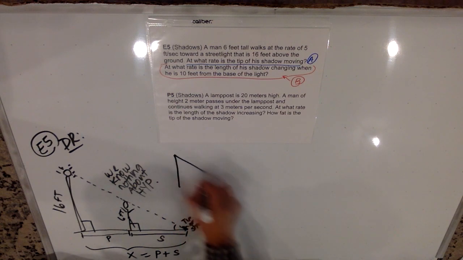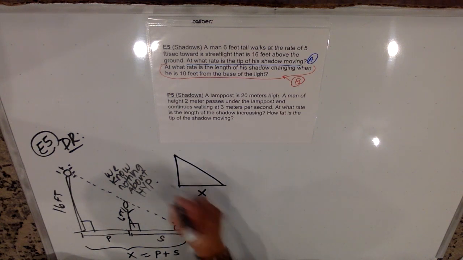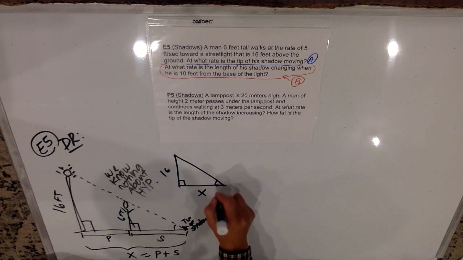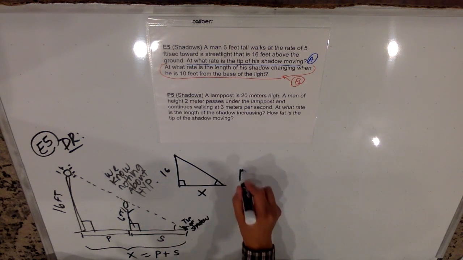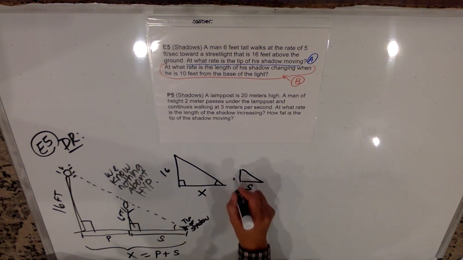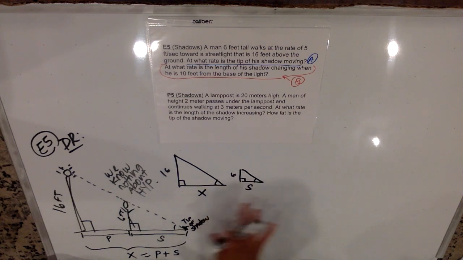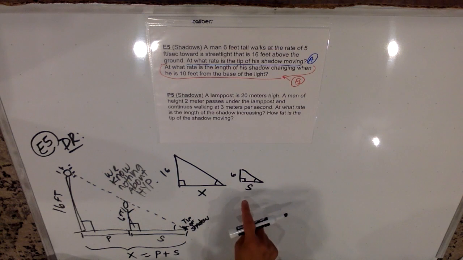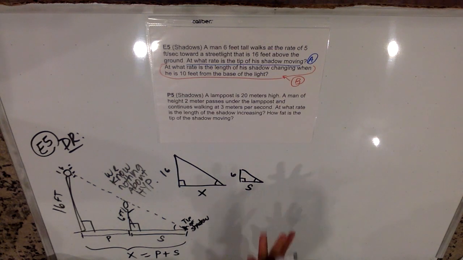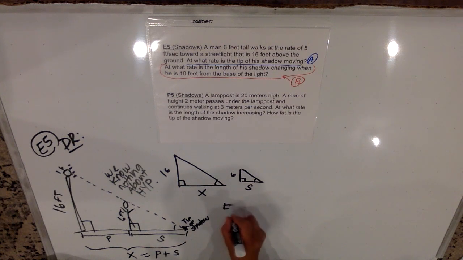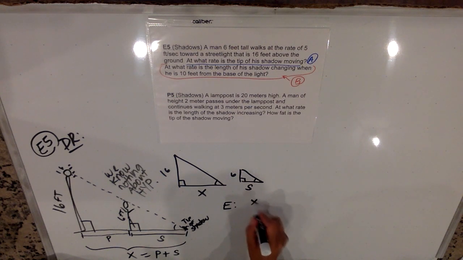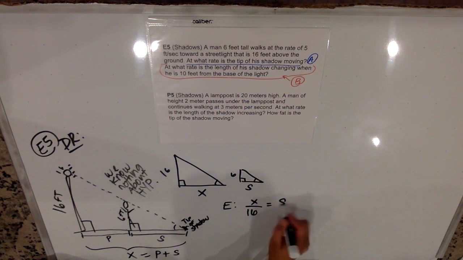Because we have this big triangle that has an X and a 16 and has to have the same angle right here. And we have this little triangle that has an S and a 6. Okay? So I know that these have to be similar triangles, right? They're not congruent. They're not the same triangle. This is a smaller version of this triangle. Meaning that the equation I want to set up is that X is to 16 as S is to 6.